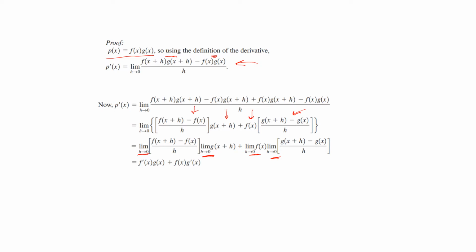And when you do that, they ended up getting the derivative of f(x), which is over here. g(x) stays the same as it is, and f(x) stays the same as it is, and then they ended up taking the derivative of g(x), which ended up being the formula that we use.